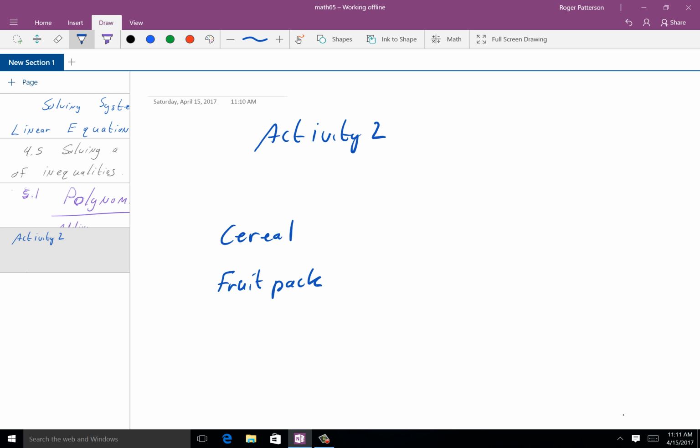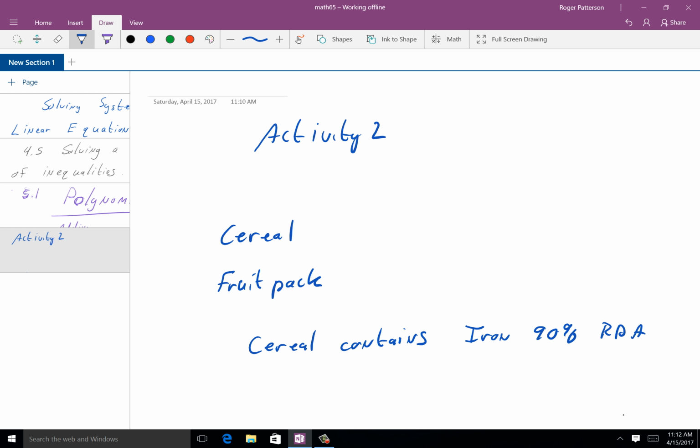So the cereal contains these minerals that are important. So it has iron. They want to have a little bit more iron. So it has 90% of what is called the RDA.